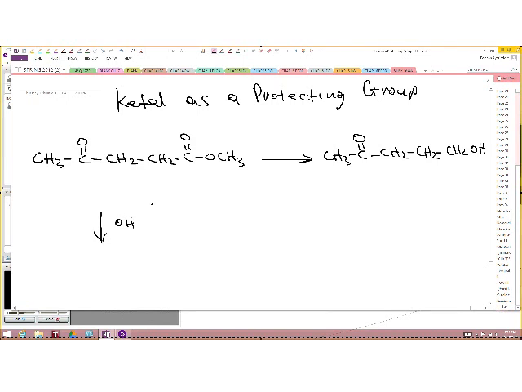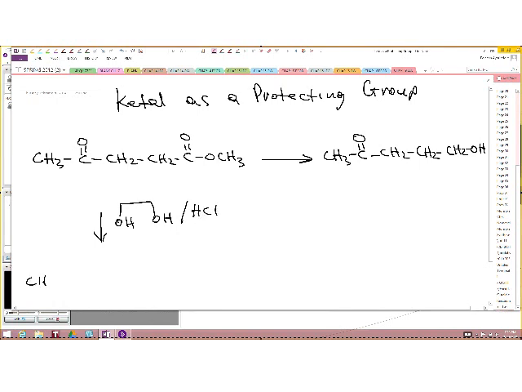Okay? Very often we use this molecule here, ethylene glycol. If you look at this ethylene glycol, it's almost as though you have two alcohols in the same molecule. By the way, this is the same liquid that you use as your antifreeze liquid in your car, okay? Ethylene glycol.